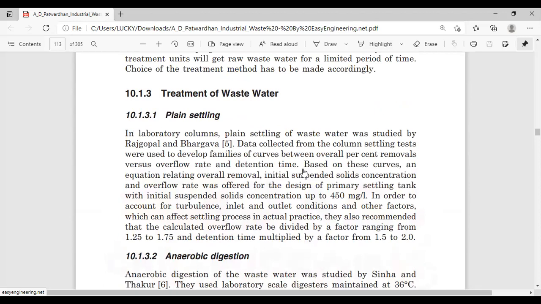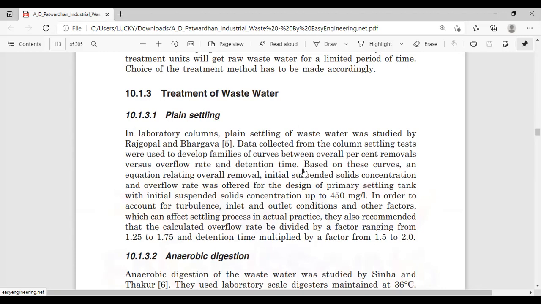In laboratory columns, plain settling of wastewater was studied by Rajagopal and Bhargava. Data collected from the column settling tests were used to develop families of curves between overall percent removals versus overflow rate and detention time.